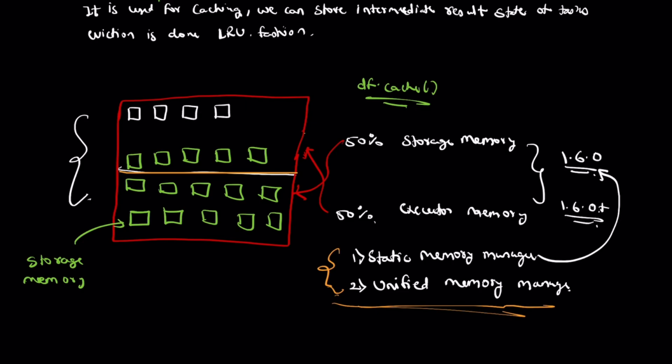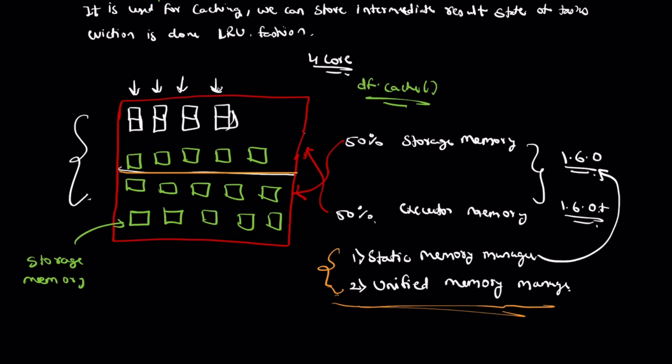Let's say we have taken 4 cores, so we can run 4 tasks in parallel. If there is no need of 4 partitions, we can do it in 2 partitions as well. So let's say we have four cores, so we have 4 partitions running in parallel. If it requires more memory, it would keep on taking more space.